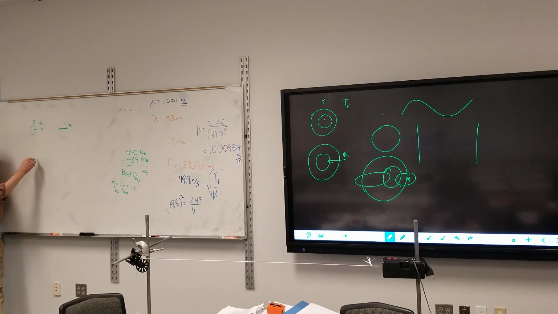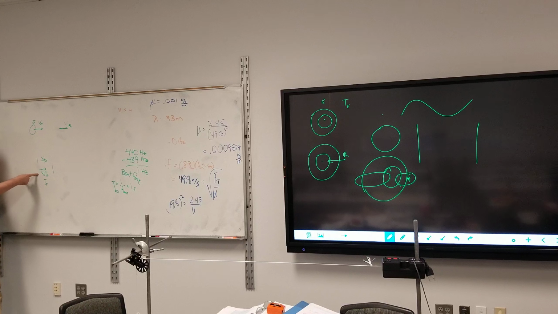So it sends out that first wave. That first wave starts moving this direction at the speed of sound, v sub s. At the same time, my emitter is also traveling in that direction. So after one period, it's going to send out a second wave. So it's traveled v sub e times t sub e.